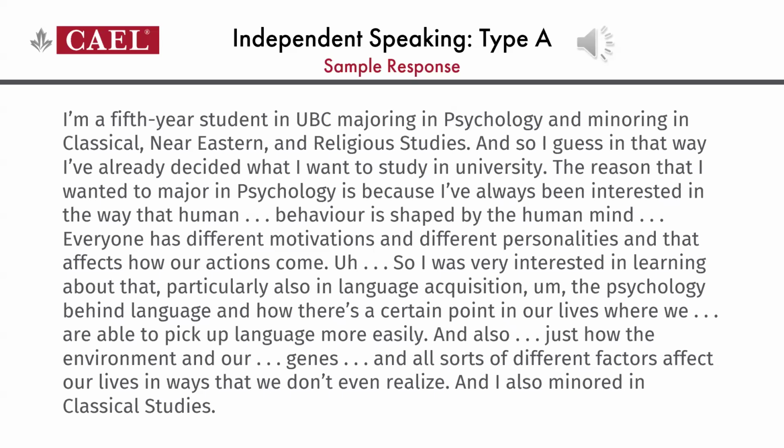So I was very interested in learning about that, particularly also in language acquisition, the psychology behind language, and how there's a certain point in our lives where we are able to pick up language more easily, and also just how the environment and our genes and all sorts of different factors affect our lives in ways that we don't even realize. And I also minored in classical studies.